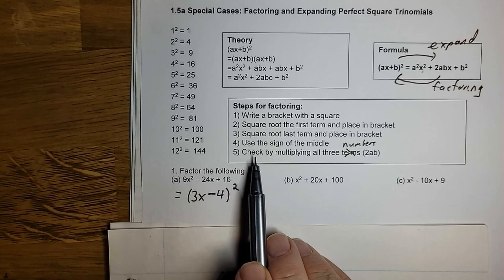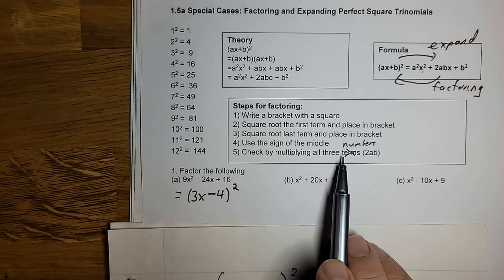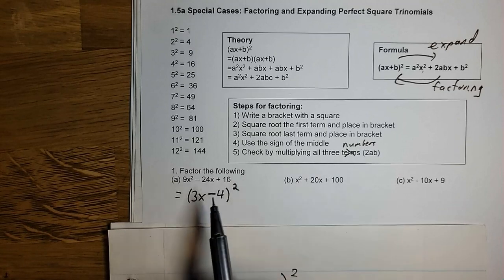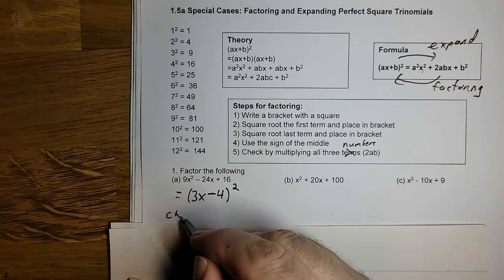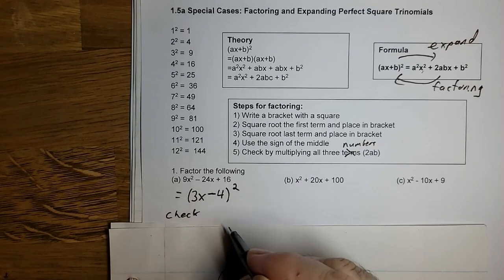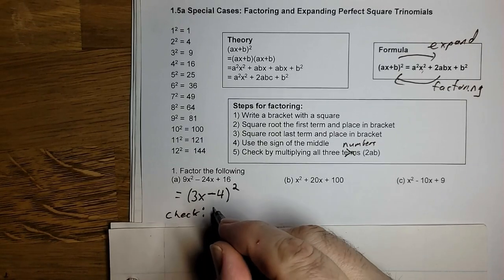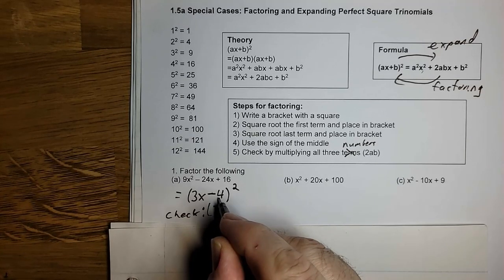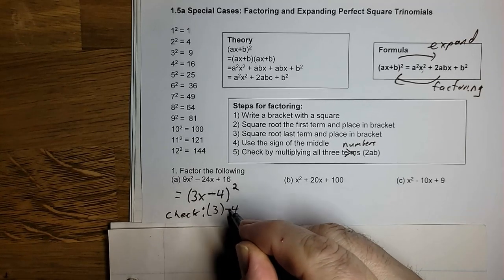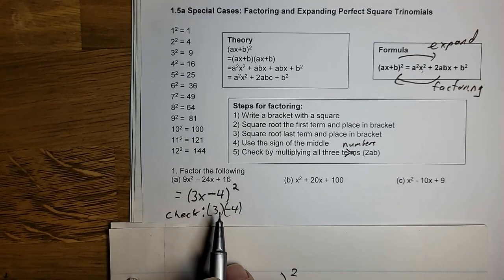Do not forget, check by multiplying all three numbers. What is he talking about? Okay, let's check them. You don't have to write check. You can do it in your head too. But here's how you check. What's the three numbers? 3. Multiply that. Next number. -4. What's the next number? 2.